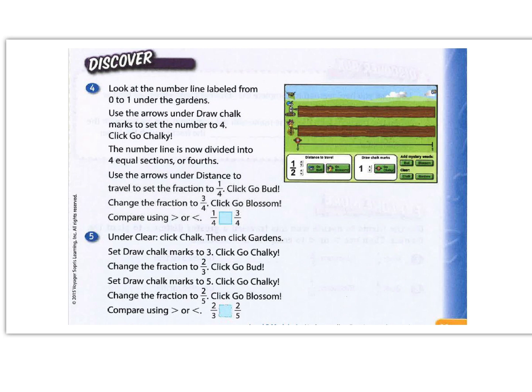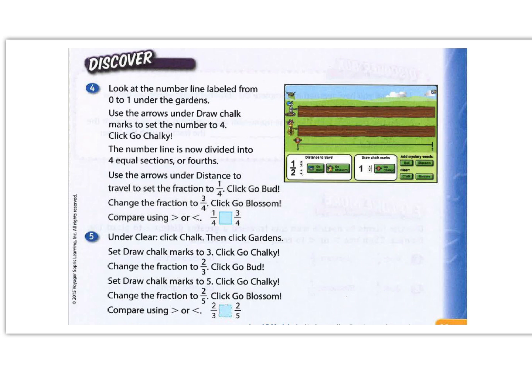Okay. When you are doing this lesson, it says, look at the number line labeled from 0 to 1 under the garden. So you can see on your screen 0 to 1. If you're not there yet, you should probably go there so you can see it on your own screen. Use the arrows under draw chalk marks to set the number to 4.